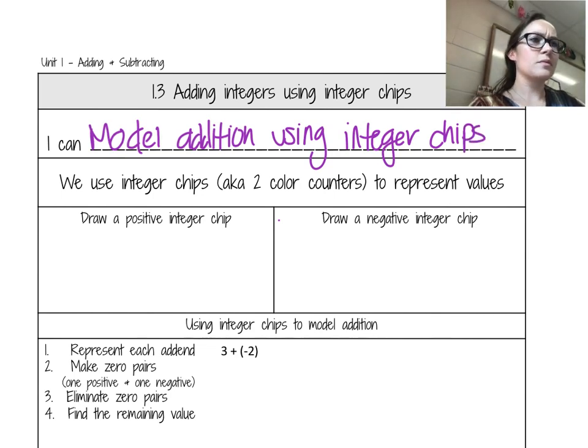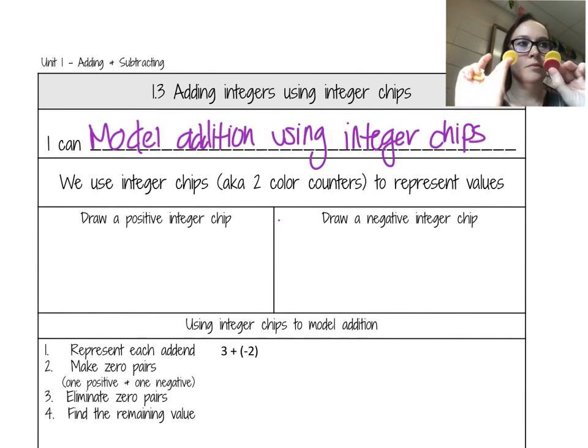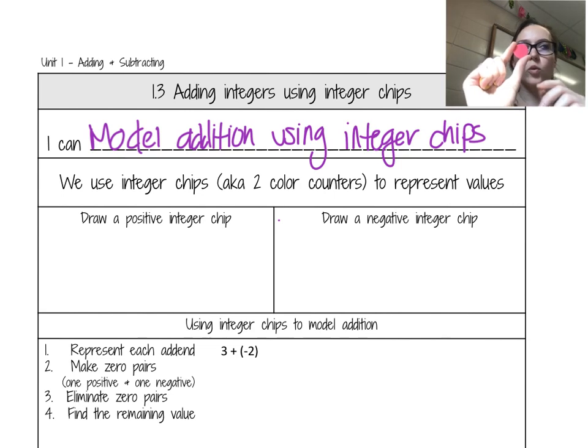Okay, and what those are these guys. So they just kind of represent one number. So like the yellow side is +1, but the red side is -1. Okay. So if I had 2 reds, it would be -2.